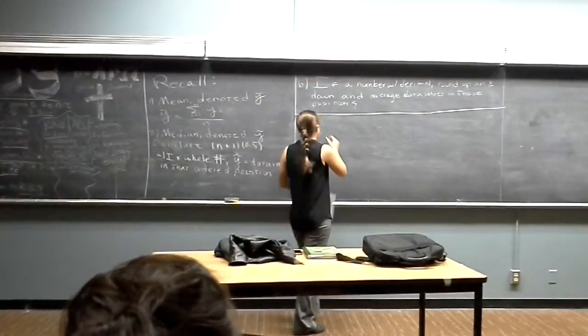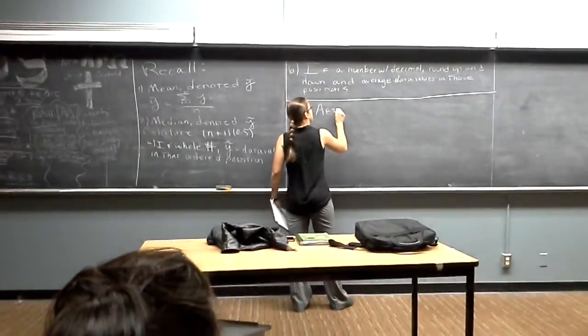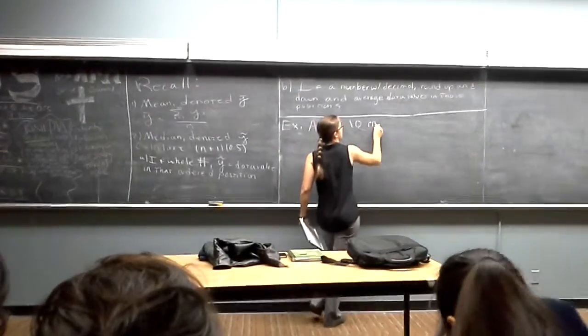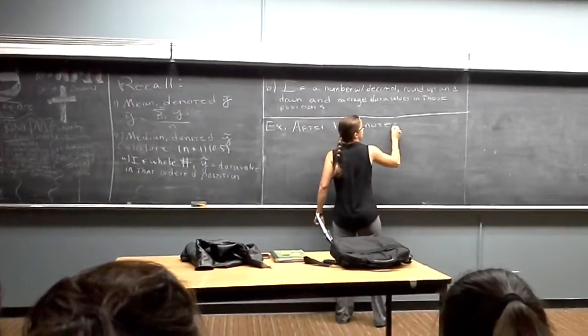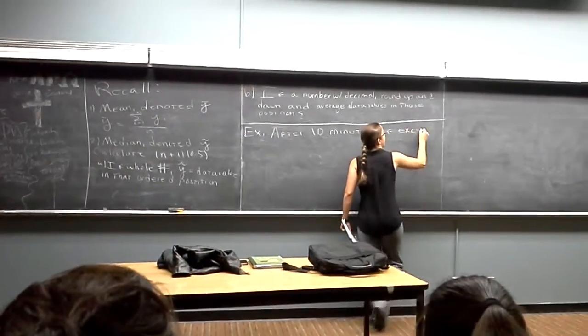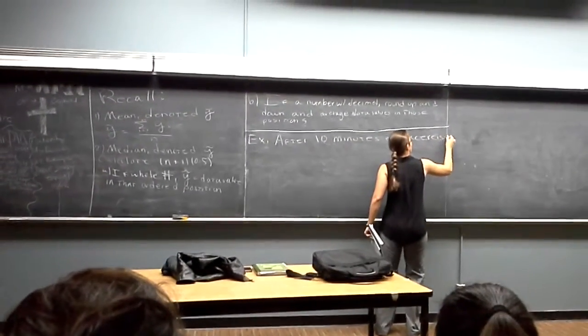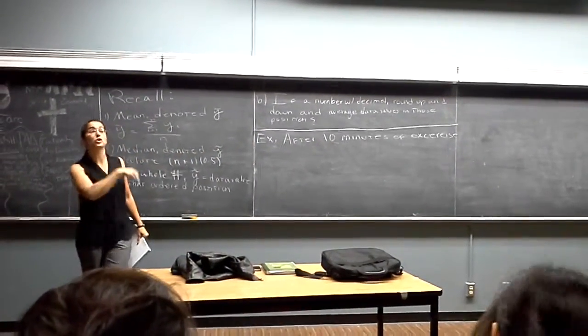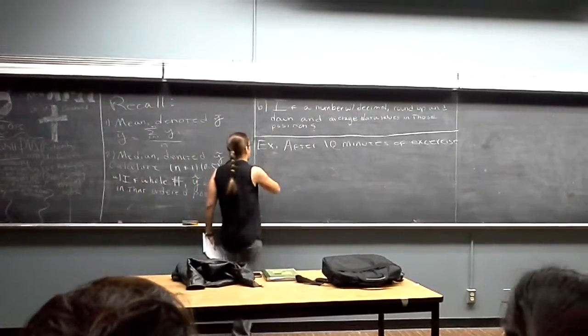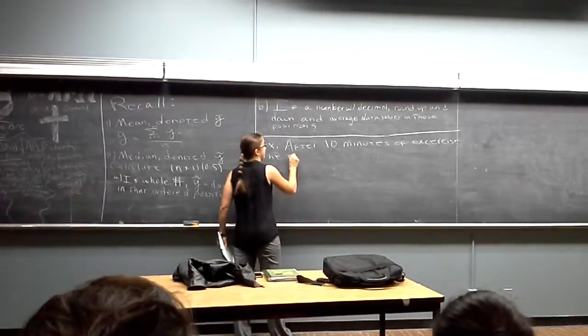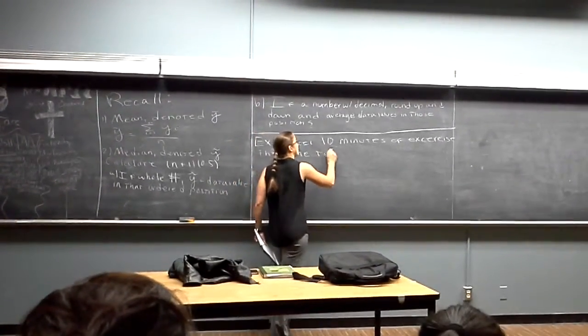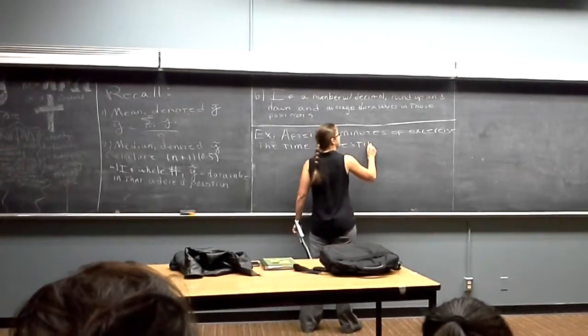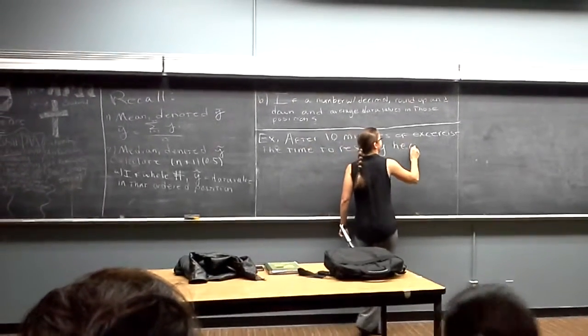So after 10 minutes of exercise, the doctor observed how long it took for each of his patients to return to a resting heart rate. So the time to resting heart rate was measured.